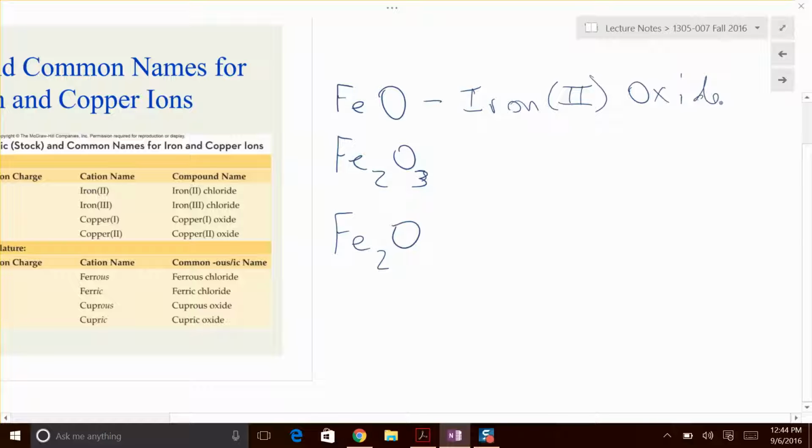Why? What does the 2 represent? The charge. This has a 2 positive charge, right? What is the charge on the oxygen? 2 minus. That's how I knew this was iron 2, because they have to balance. Okay? What's the name of the next one?